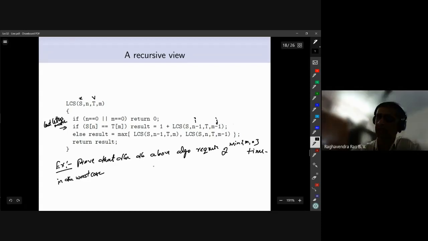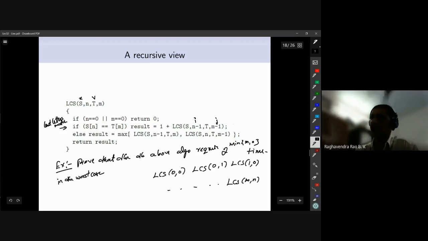So the recursive calls possible are LCS(0,0), LCS(0,1), LCS(1,0), and so on, up to LCS(m,n). This is what we want, or (n,m).